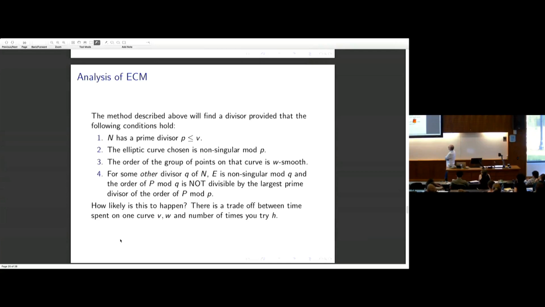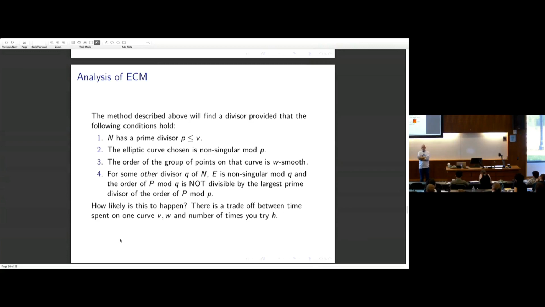And what Lenstra does in his paper is to try to figure out how likely this situation is to happen in practice. And as I mentioned before, there's a trade-off. You can choose V and W large, meaning that you allow for a large prime factor and relatively large smoothness bound. Then it takes a long time for each elliptic curve.